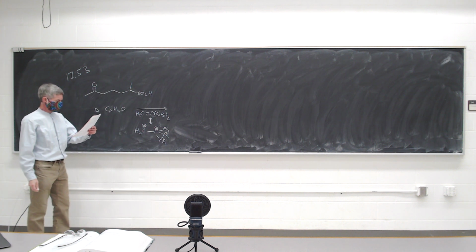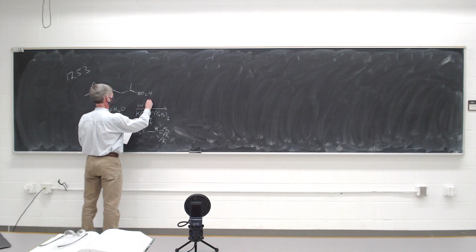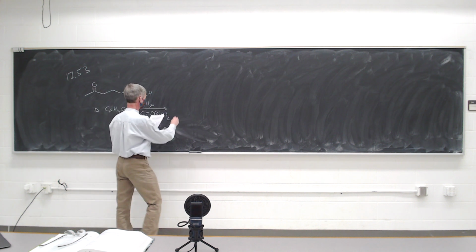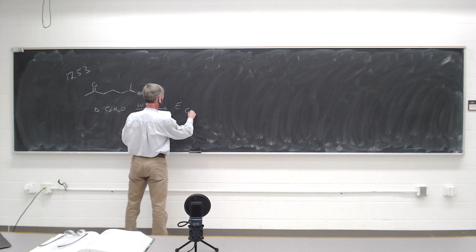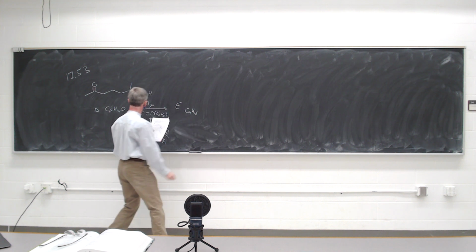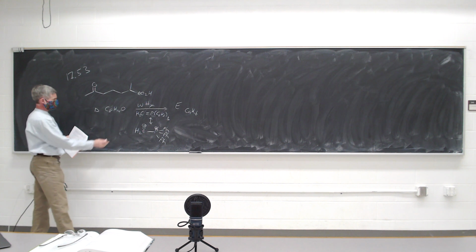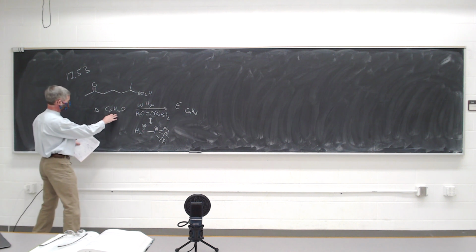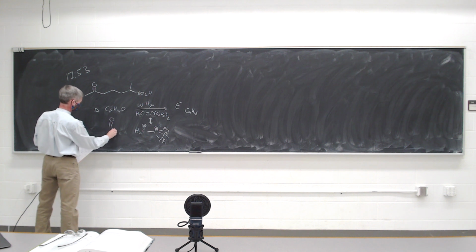So that's a Wittig reaction, into compound E, C9H16. So you're adding the CH2 and getting rid of the oxygen, which means this is going to have a ketone in it, or an aldehyde.